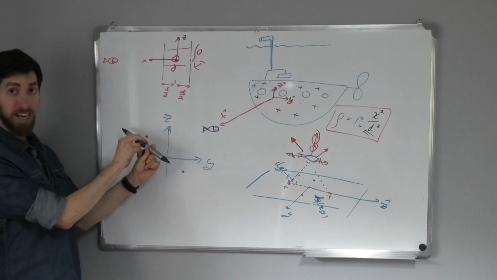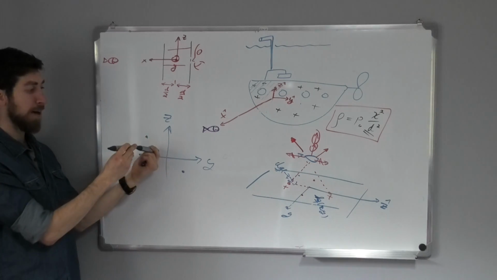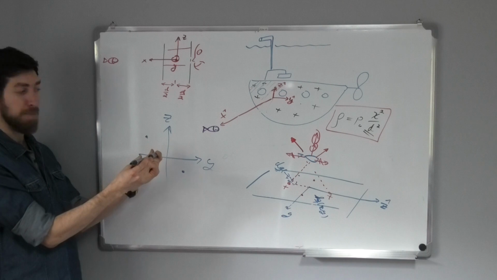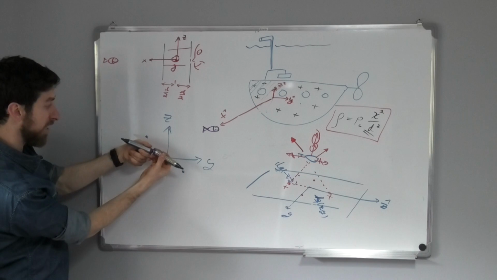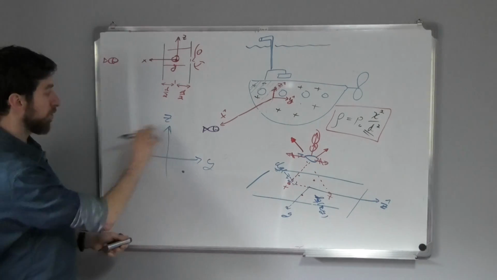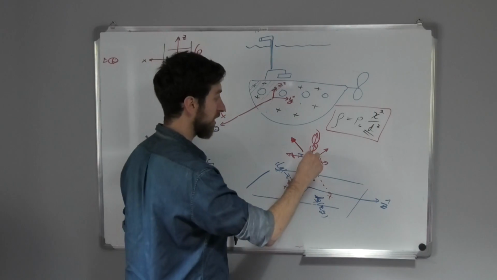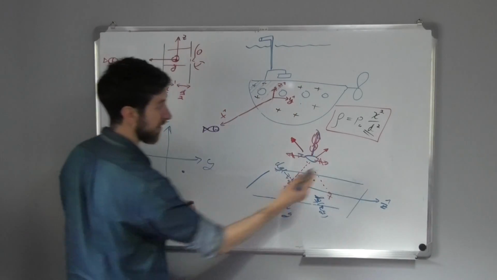This side is going to cancel out, but this side is going to sum up. You see it? Sum up, cancel out, sum up, cancel out. So that's the idea. And what is this direction? This direction is actually x.